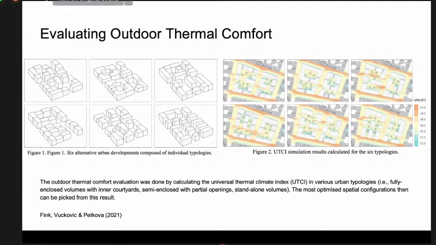Then from those 6 alternatives, we can choose which one is the best based on what we really want that area to be. So using this building performance evaluation, we can test our alternatives and pick the one which is closer to our design intention or our design goals.